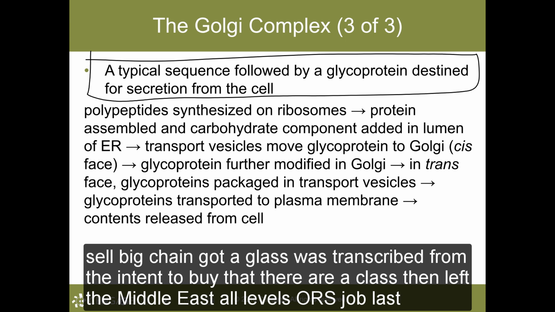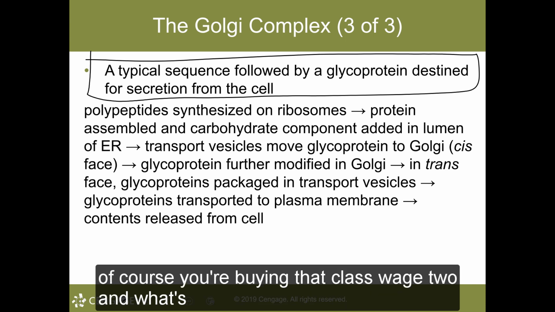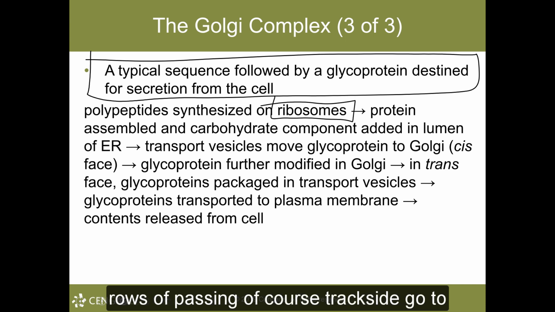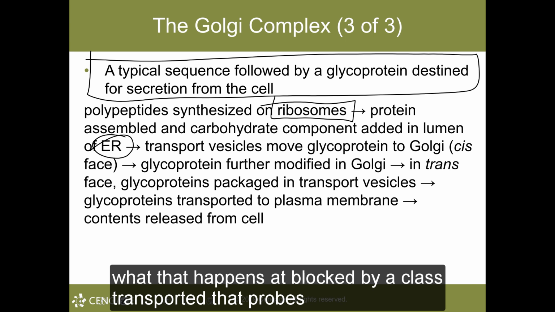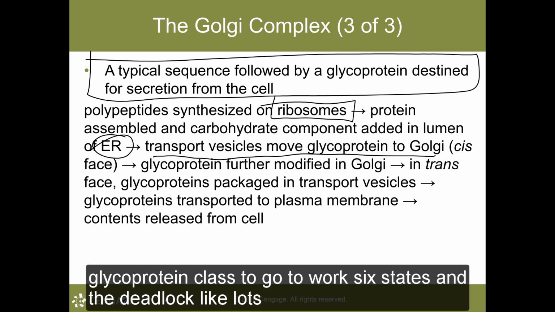That mRNA, class, then left the nucleus by way of those nuclear pores into the cytoplasm. Of course, the mRNA then, class, went to a ribosome. The ribosome, class, then translated the protein. The protein, class, was assembled and the carbohydrate portion was added in the lumen, class, of the endoplasmic reticulum. So what then happened is that the rough ER, class, transported that protein, the glycoprotein, to the Golgi, or the cis phase.